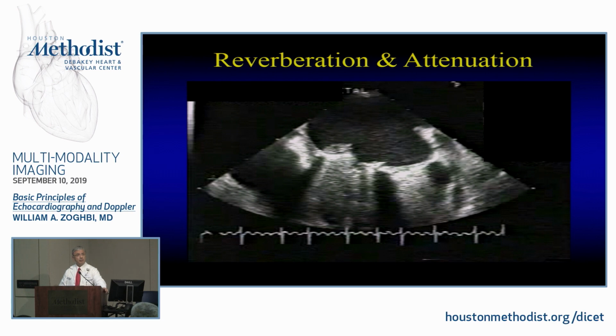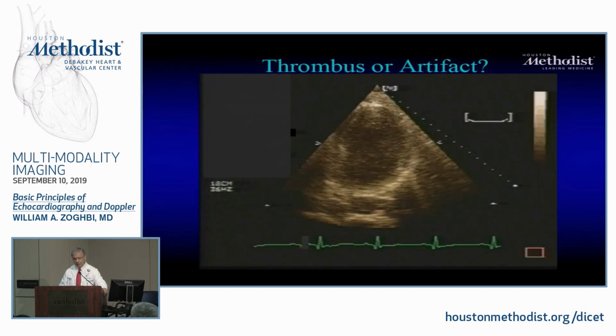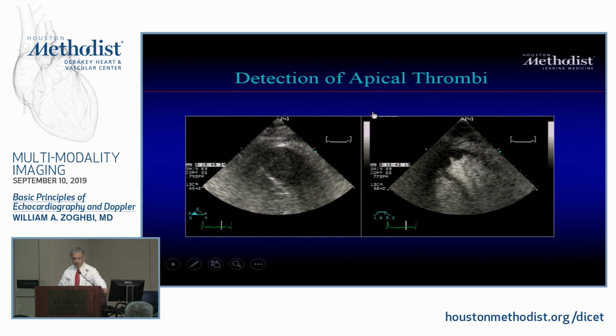Now, you can have reverberations from the tissue itself, between the ultrasound casing, where the transducer is, and some of these structures here. So some of this ultrasound can go back and forth, giving you some cloudiness. And I'm really not sure whether this is an artifact, some reverberations between the structure and the casing of the ultrasound, versus the thrombus. And that's why you would use contrast to try to define that.